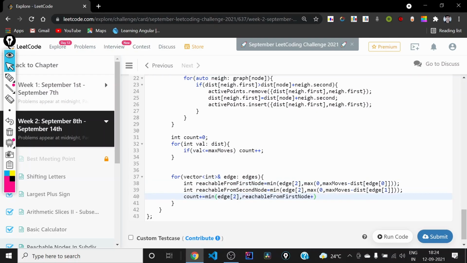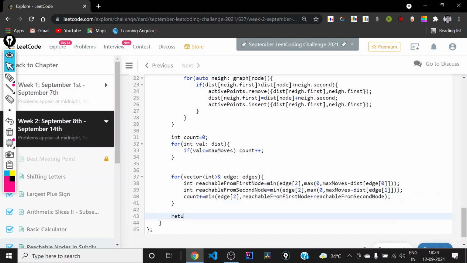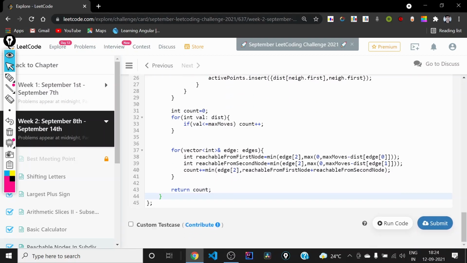The reason we are doing this minimum in this line is that it may be possible that we are counting each node twice. In that case, this quantity will exceed this S2, and since we are doing minimum with S2, we are only counting the desired number of nodes. Now we have got the correct count, we can return it.